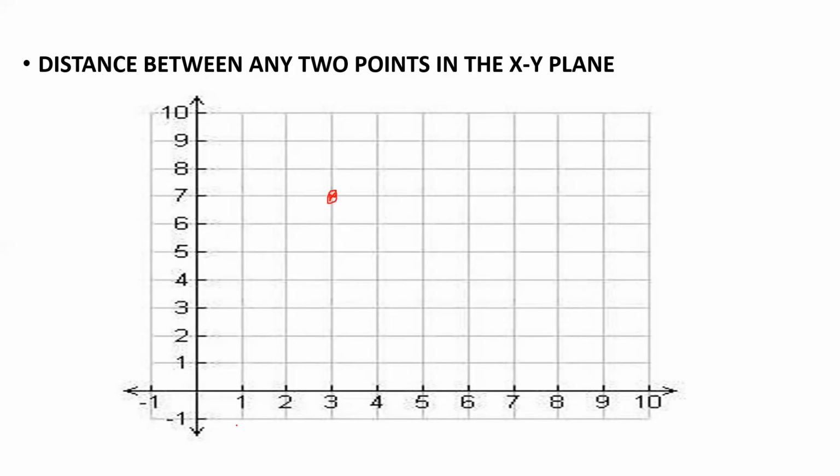Point A. For the time being, let's not consider the horizontal and vertical values. This is point A with the coordinates x1, y1, and this is point B with the coordinates x2, y2.